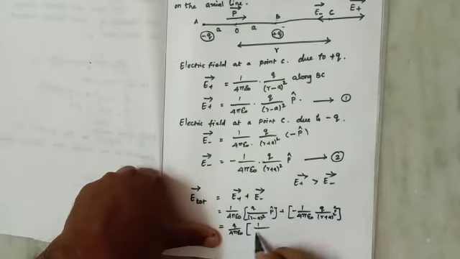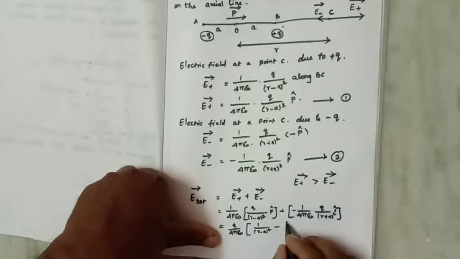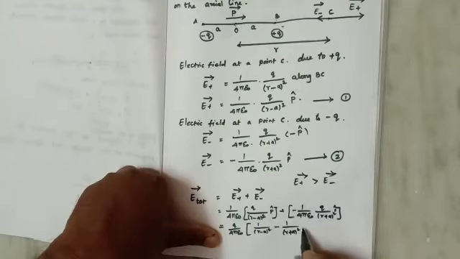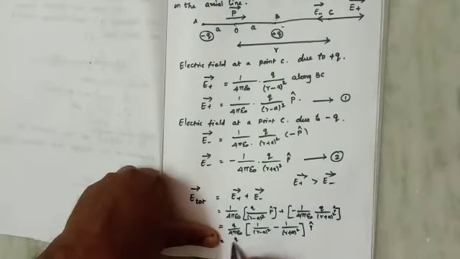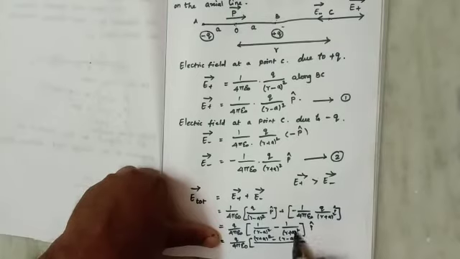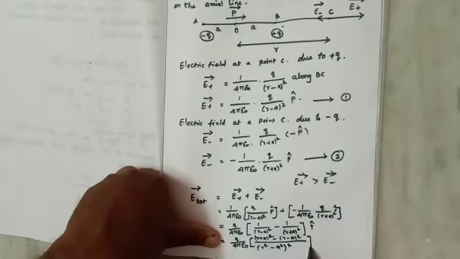What is remaining is 1 divided by (R minus A) whole square minus 1 divided by (R plus A) whole square, and the P cap is taken to the right side. So it is equal to Q divided by 4 pi epsilon naught. By cross multiplication, we get (R plus A) whole square minus (R minus A) whole square, divided by (R minus A) whole square into (R plus A) whole square, which becomes (R square minus A square) whole square, P cap.